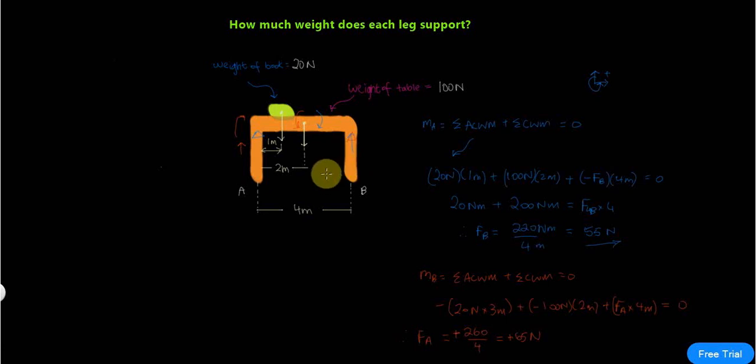And the other thing that's nice to see is if I've got this 20 newtons down and this 100 newtons down, those are the only masses acting downwards, correct? So in essence, what these legs have to counteract is an equal and opposite load, right?